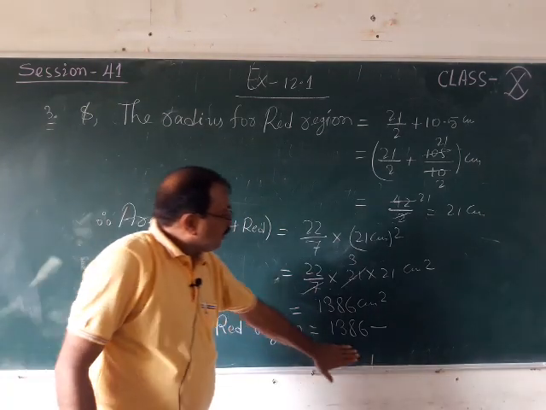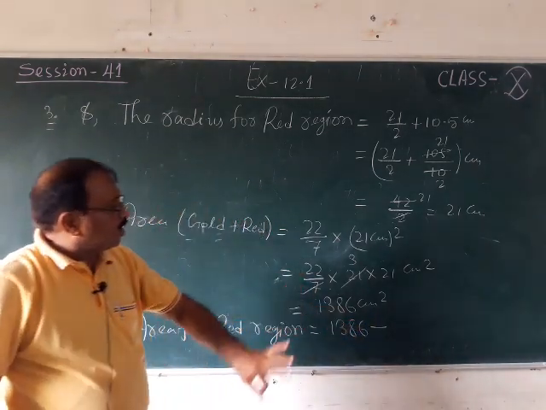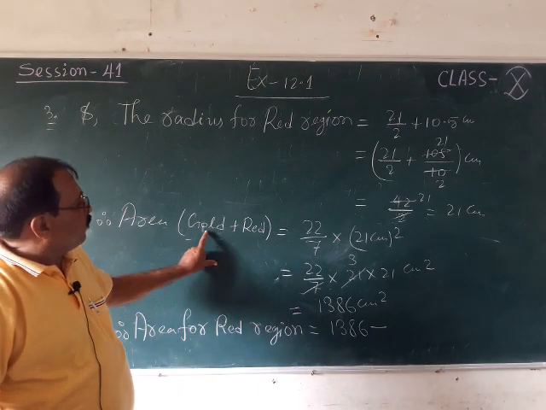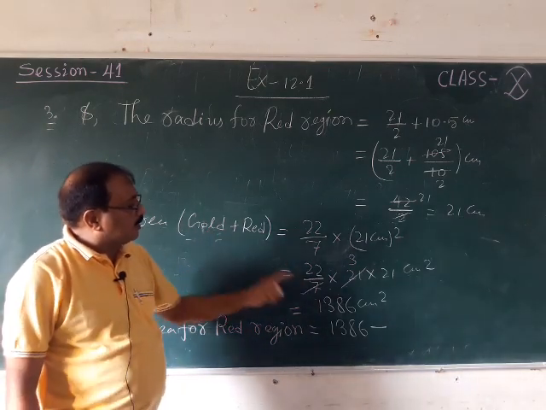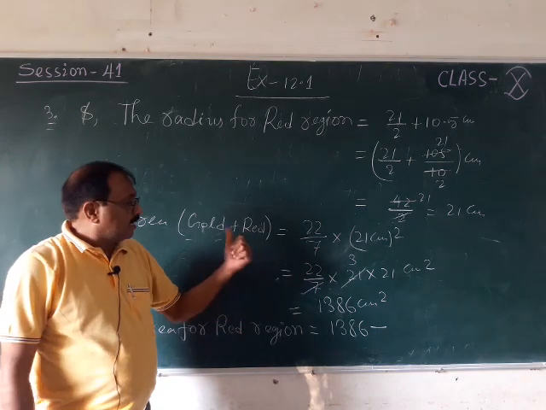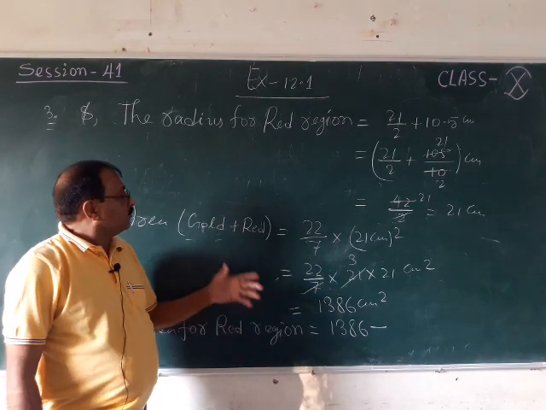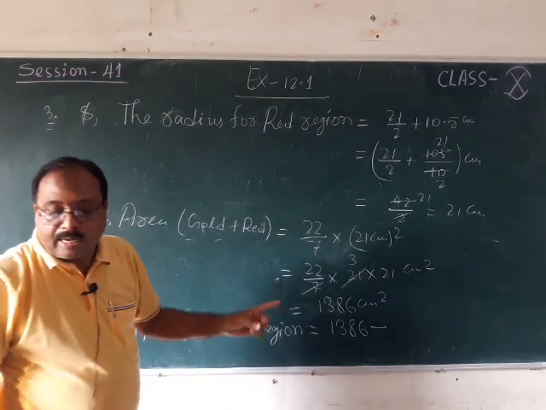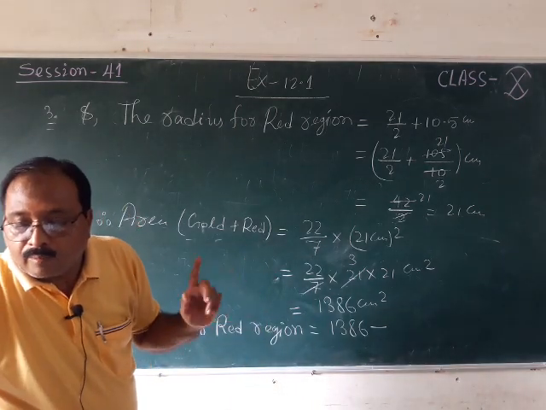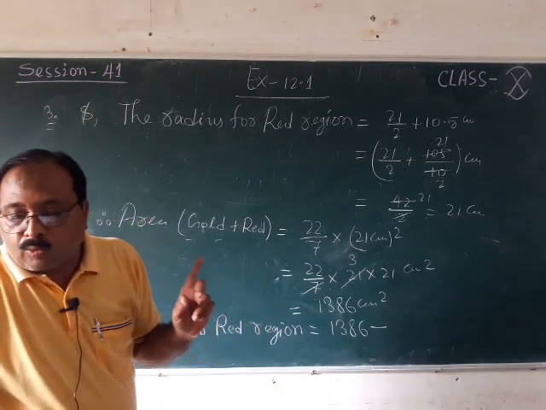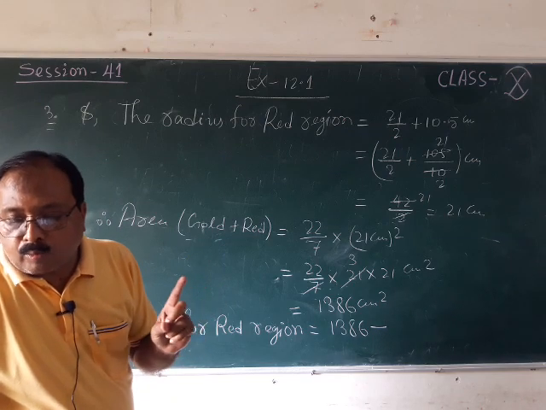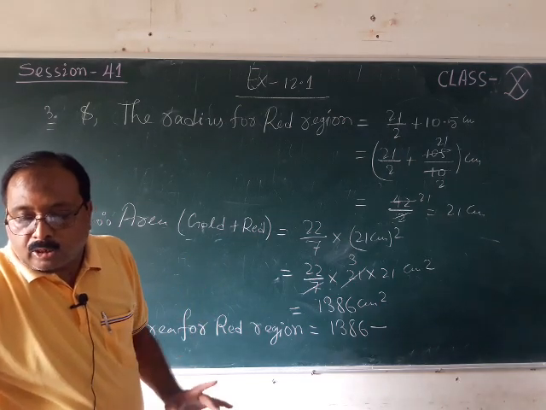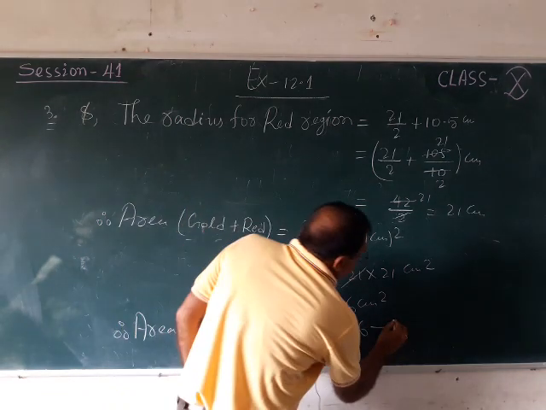Because the answer you have already written in number 1 was the area for the gold region. So the gold plus red area is 1386. If I subtract the area of the gold region, then I will have only the red region. The gold region's area was 346.5, so 346.5 I need to subtract from there.